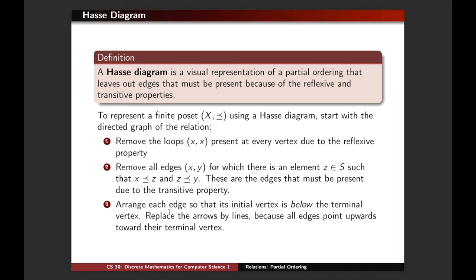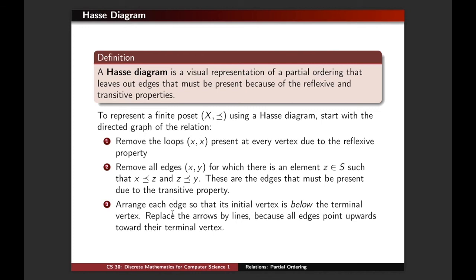Next, arrange each edge so that its initial vertex is below the terminal vertex. Replace the arrows by lines because all edges point upwards towards their terminal vertex.